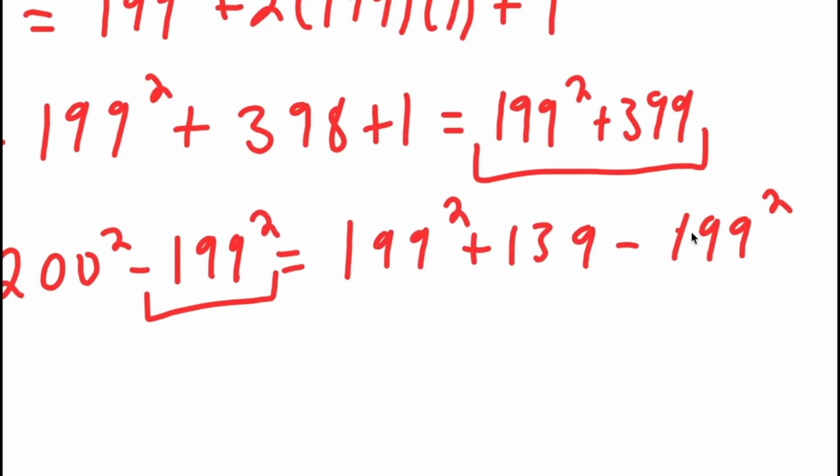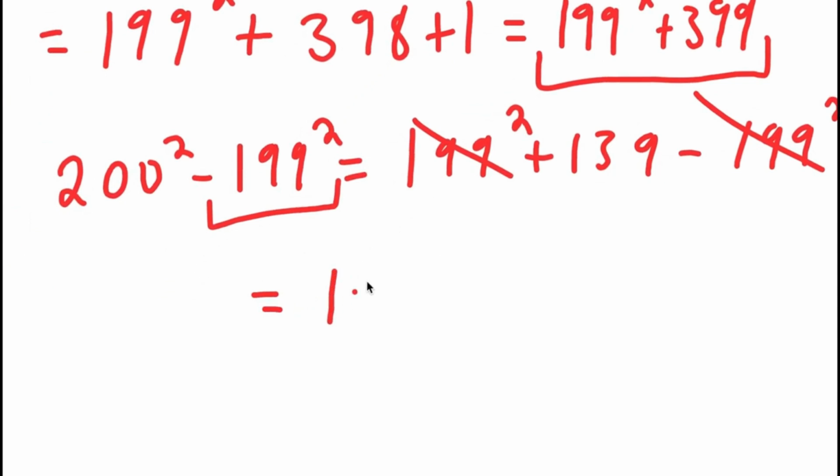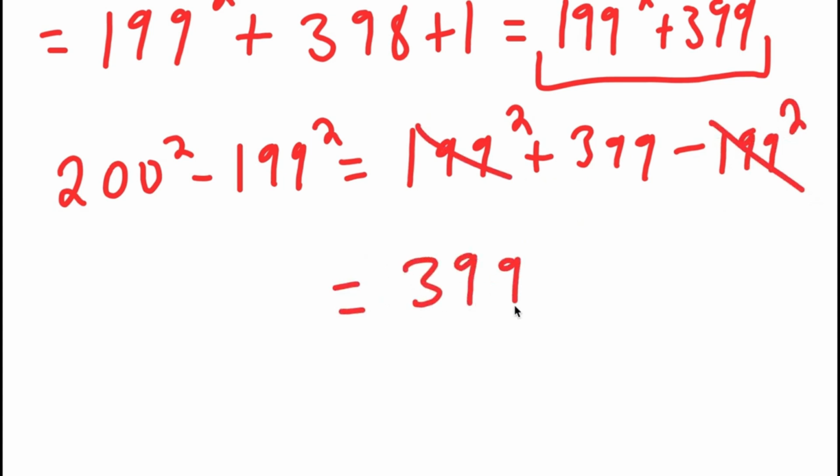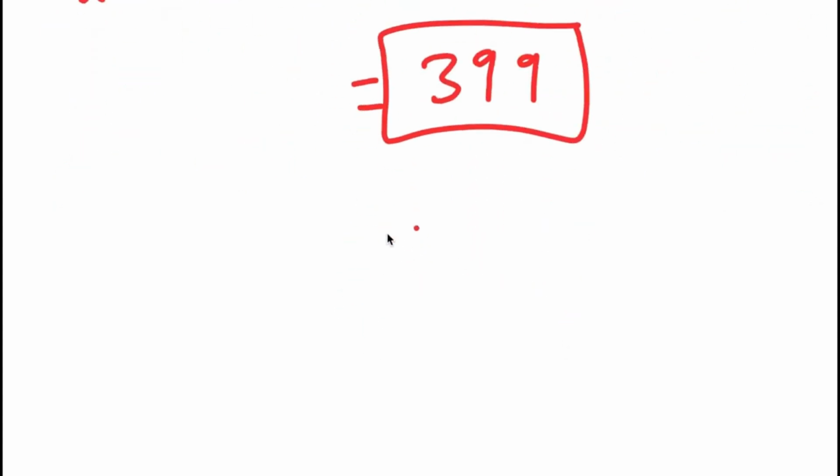So 199 squared and negative 199 squared, these two cancel out, and all I'm left with is 399. So this is my answer.